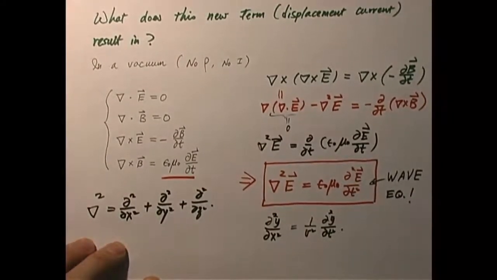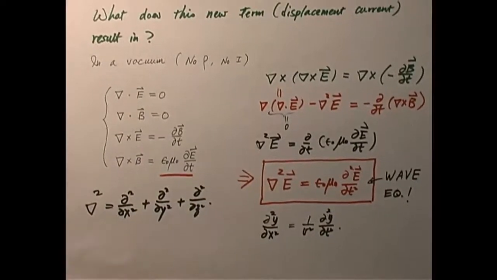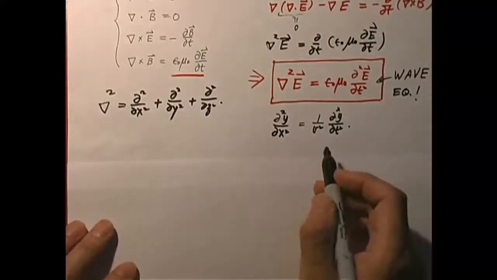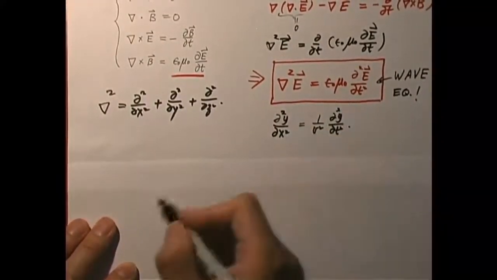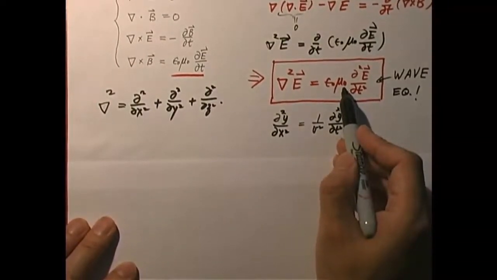So clearly, 1 over v squared equals epsilon naught mu naught. But epsilon naught and mu naught are both universal constants. They're one of the few universal constants we've learned.